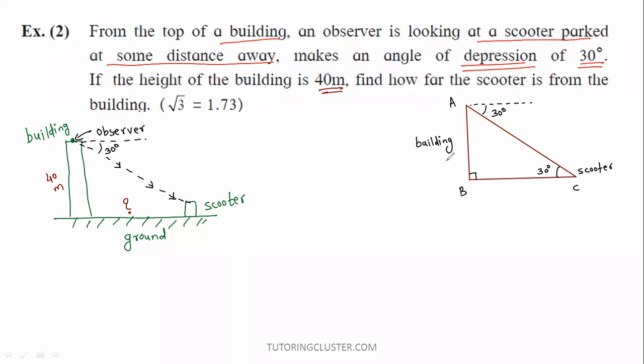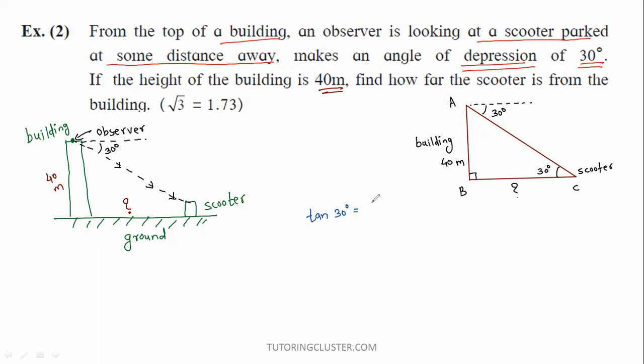Now what is the height? Height is 40. So AB is what? 40 meter. So you have to find out BC. Which trigonometric ratio are you going to use? If you write tan 30 degree, what is tan?